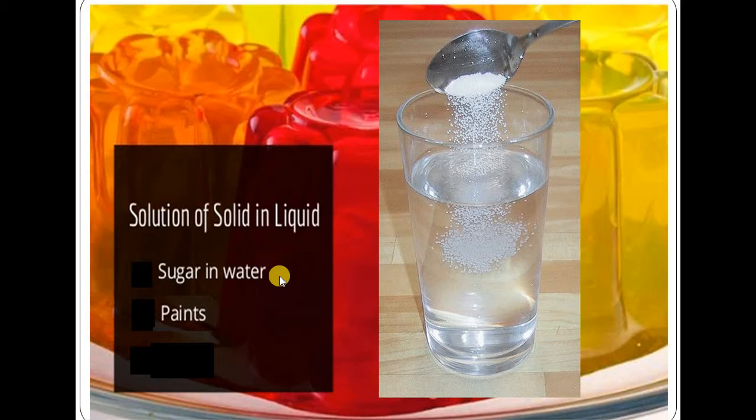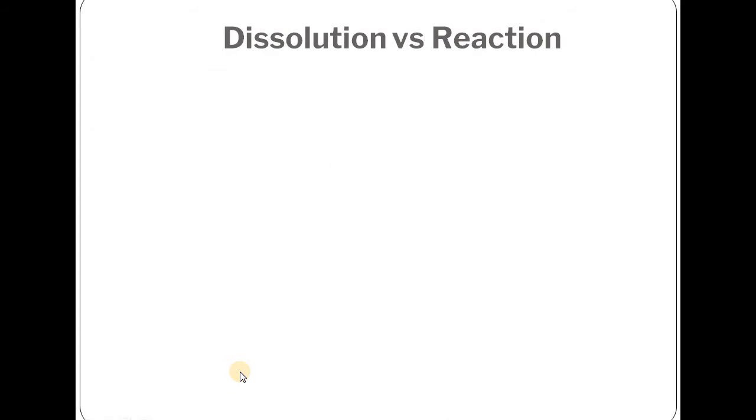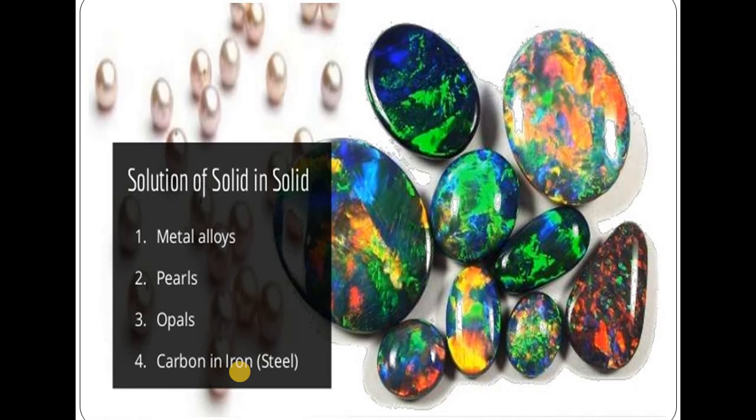Solution of solid in liquid: sugar in water, paints. Similarly, solution of solid in solid: various alloys like metal alloys, pearls, opals. Opals are gemstones. Also carbon in iron. So these are the various types of solutions.